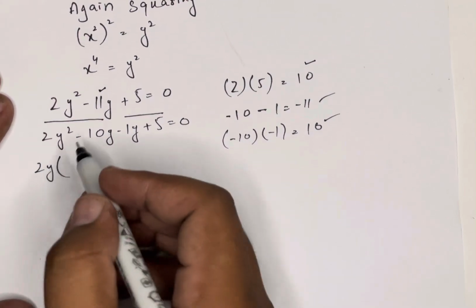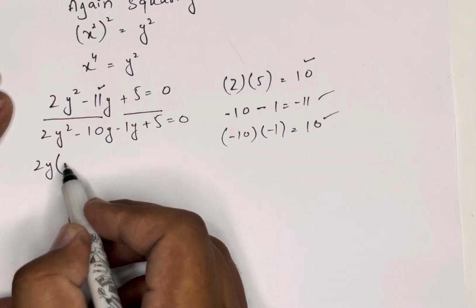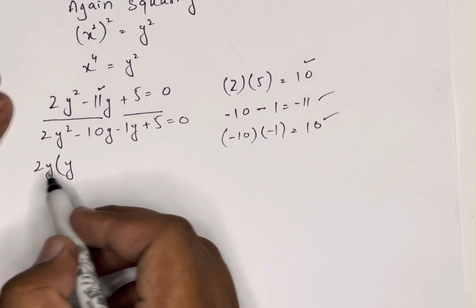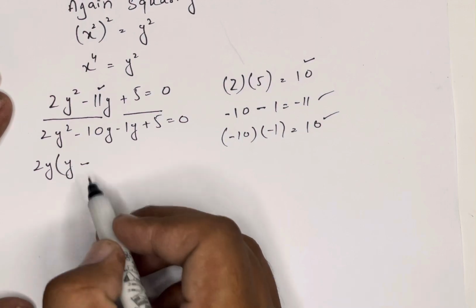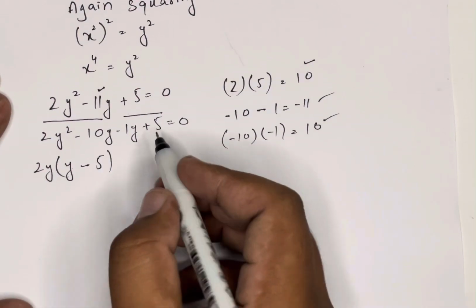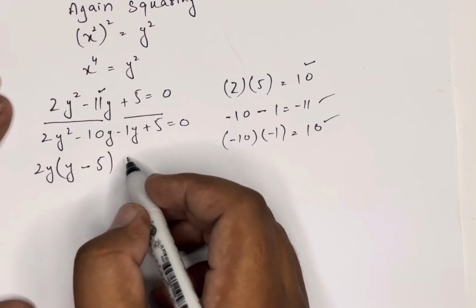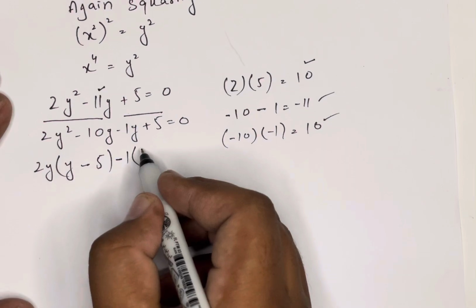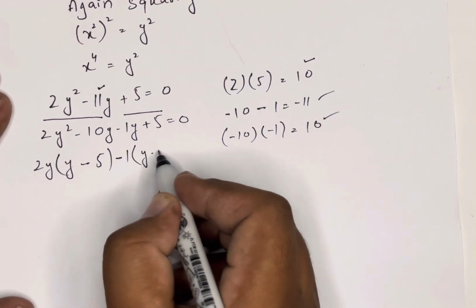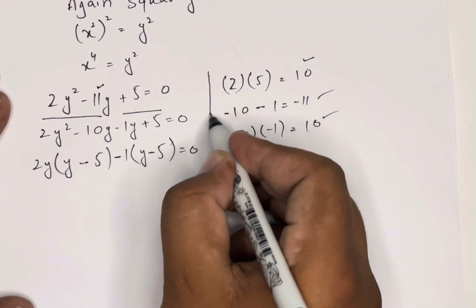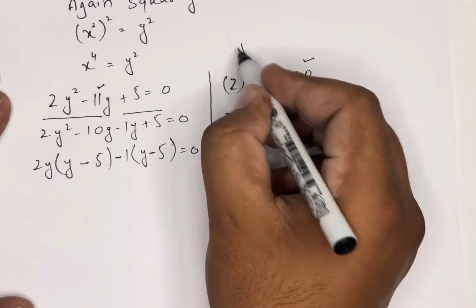By taking 2y common, I am writing here only y minus 5, because I have taken 2y common, and now from here I am taking common only minus 1. The remaining equation becomes 2y minus 1 into y minus 5 equal to 0. This is my rough work.